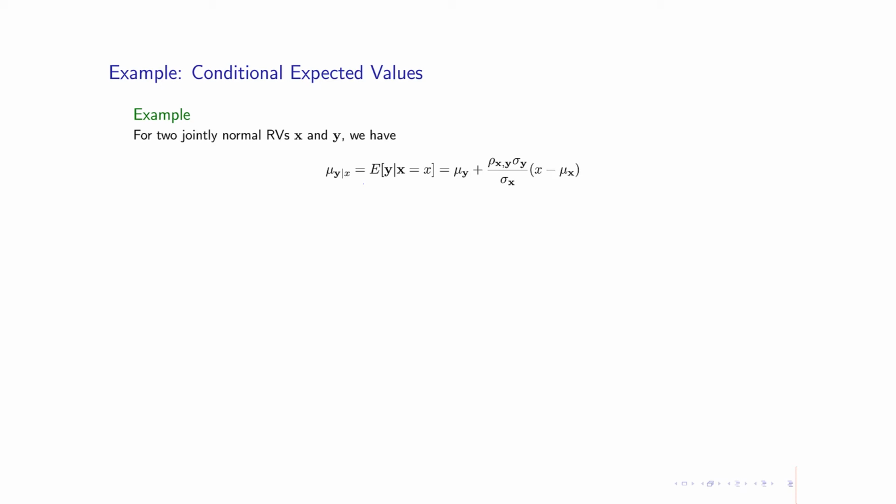Obviously we have shown that this is equal to mu y, and then a constant times the difference. This is the observed value for x, and this is the deviation of the observed value from the mean.